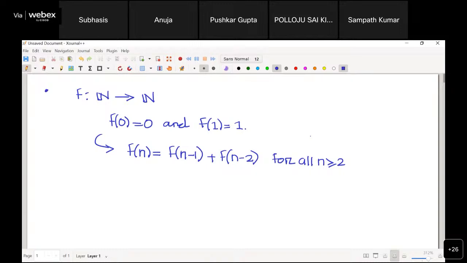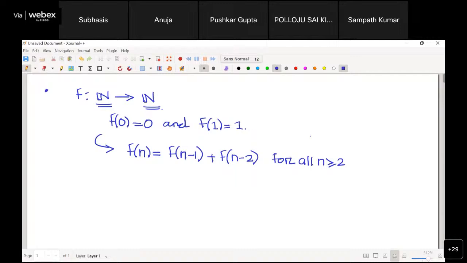Now can you tell me what will be the value of f of 3, f of 2? Sir, I didn't understand the third one. The thing is, this is a function from the set of all natural numbers to the set of all natural numbers, so it should produce some value for all the natural numbers.